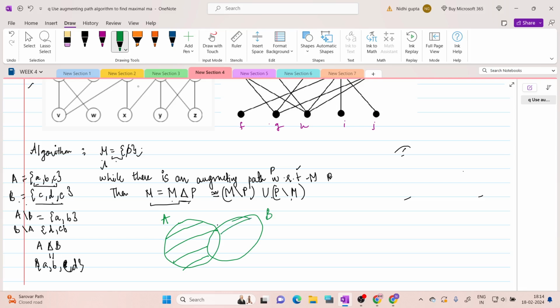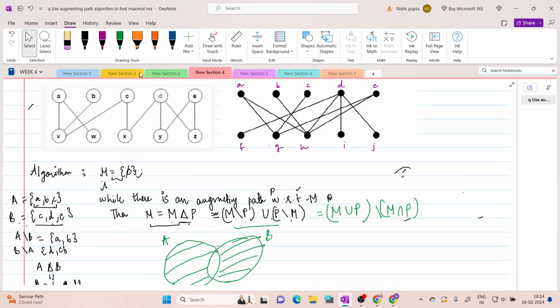And similarly B minus A is this. So we are taking the union and removing the intersection. So in other words, you can write it as M union P minus M intersection P. So is the definition of symmetric difference clear?